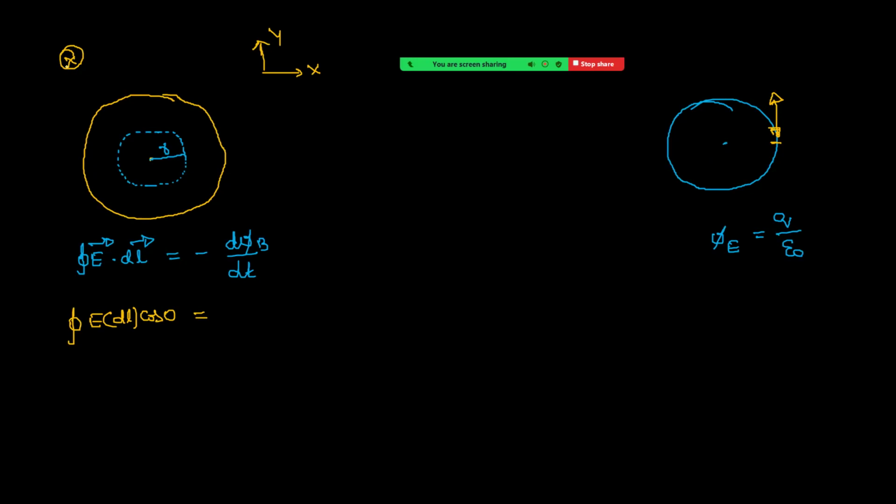Suppose the field is now increasing. That means flux through this loop is increasing. According to Lenz's law, the direction of the induced current is such that the magnetic field due to the induced current is opposite to the existing field, because this is increasing. The existing field is into the board.